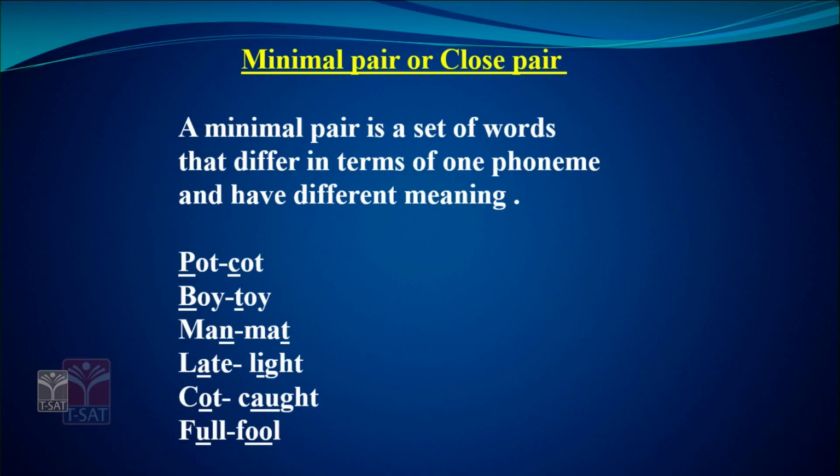What do you mean by a minimal pair? A minimal pair is a set of 2 words that differ in terms of just one phoneme, and they differ in meaning also. So, pot and cot, it makes a minimal pair for pa and ka, and boy and toy, it is a minimal pair for ba and ta, and man and mat, the minimal pair for n and ta.